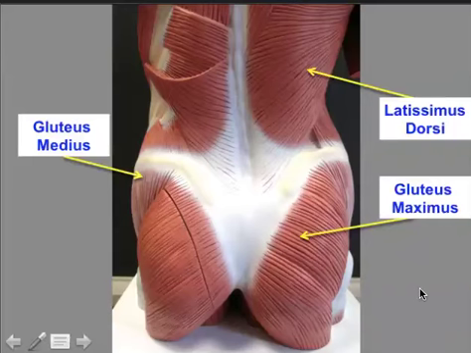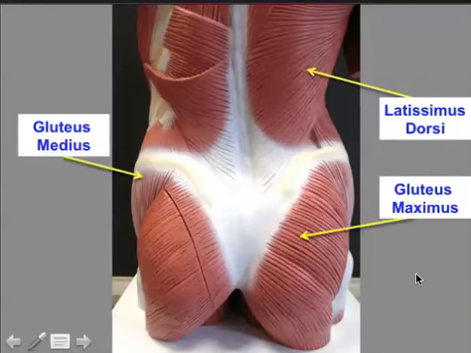Remember, in anatomical position, when you walk, you use your glutes as a way to propel you forward. If you want to use your glutes right now, stand up and take your right leg and stick it behind you. Extend it behind you, and you'll feel the glutes working. So it's involved in extension of the leg.